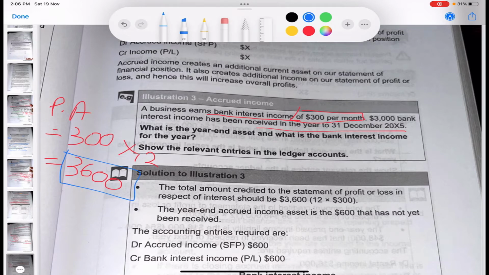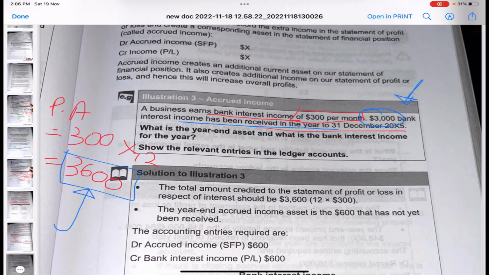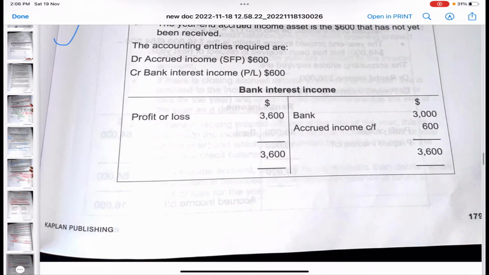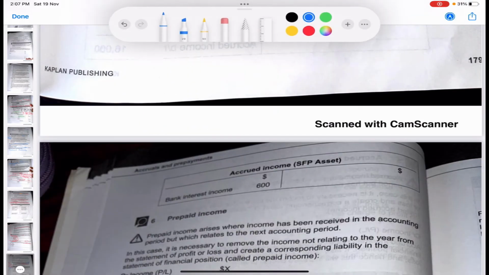But how much did the business receive? 3,000 bank interest income has been received. Only 3,000 has been received, but they actually had to receive 3,600, which means they have accrued income. That is what? Accrued income. So now tell me, what is the journal entry of accrued income?